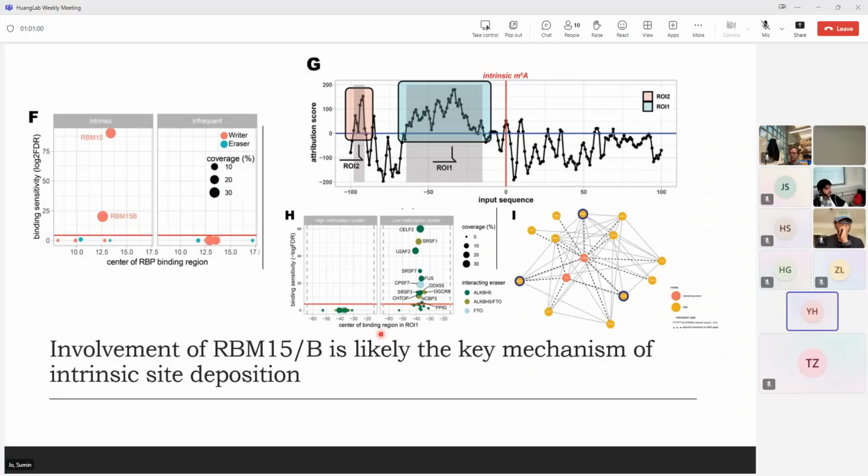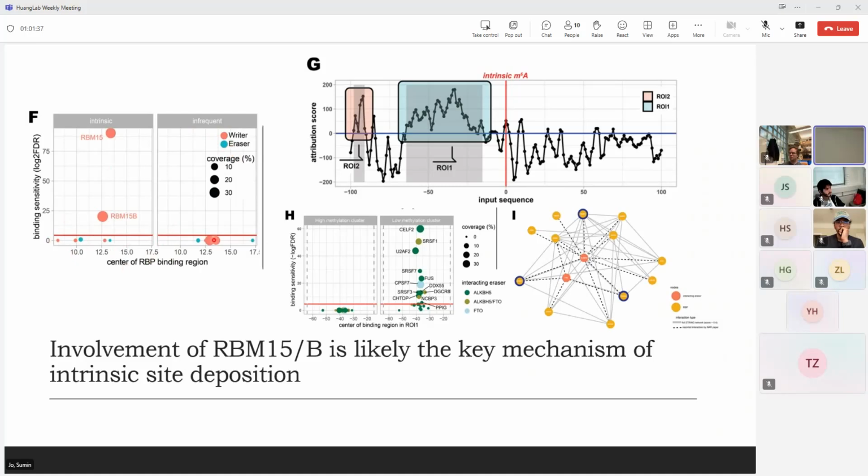And this neighborhood is pretty tight. Specifically, the figure shows that the center of the binding is mostly enriched within 12 base pairs. It suggests they bind either right on top of m6A or in very close vicinity of the m6A methylation sites.